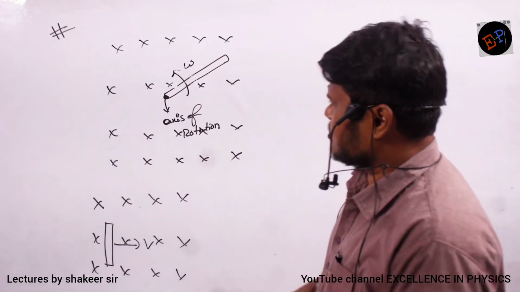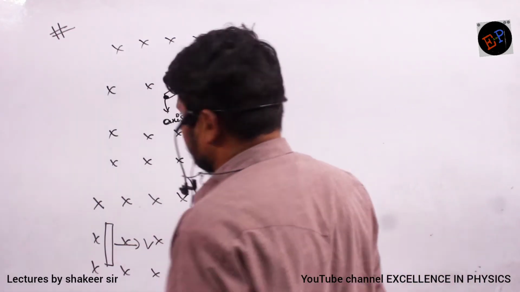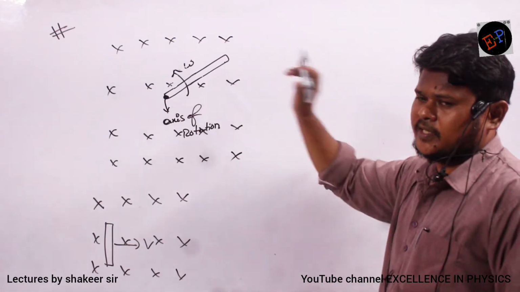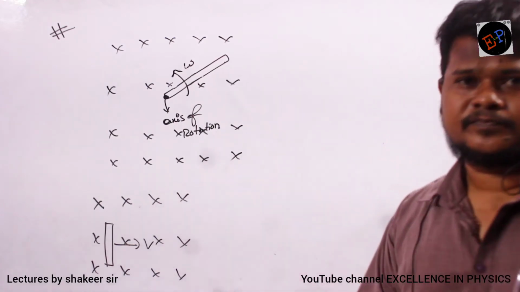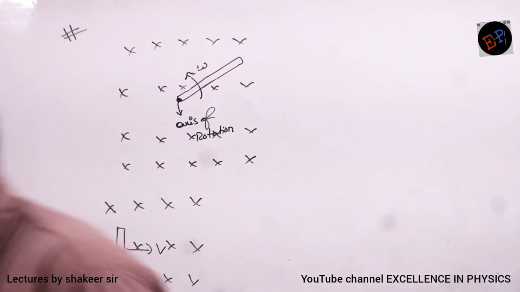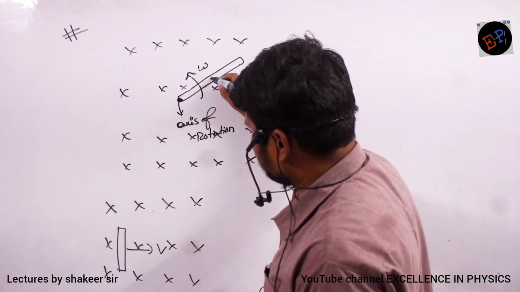So in this condition, what is the equation of EMF induced? That I want to find out. Are you able to understand? Now first of all, what will be the direction of EMF induced? You always check electron direction. This is the electron, no?